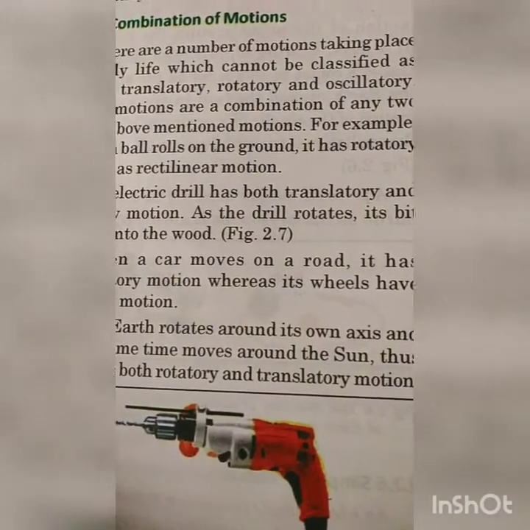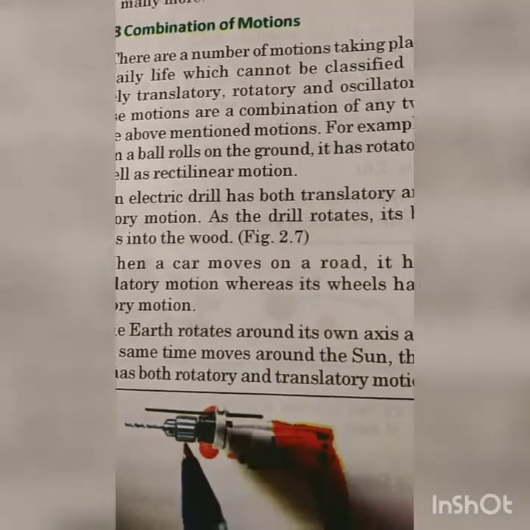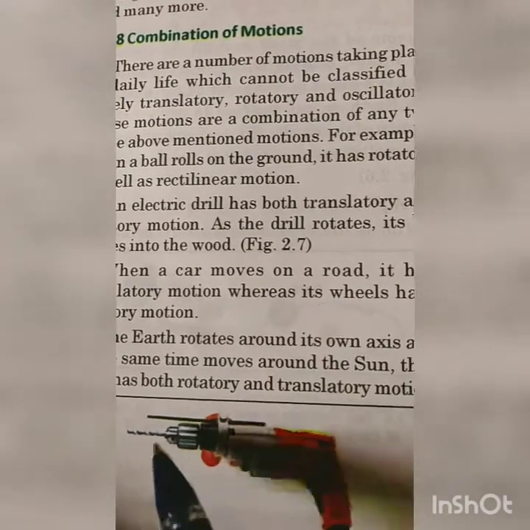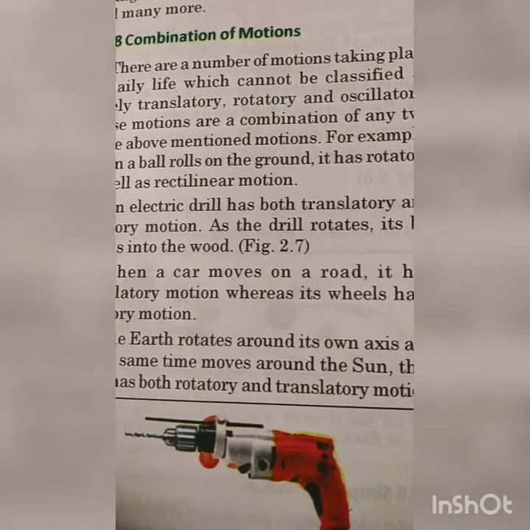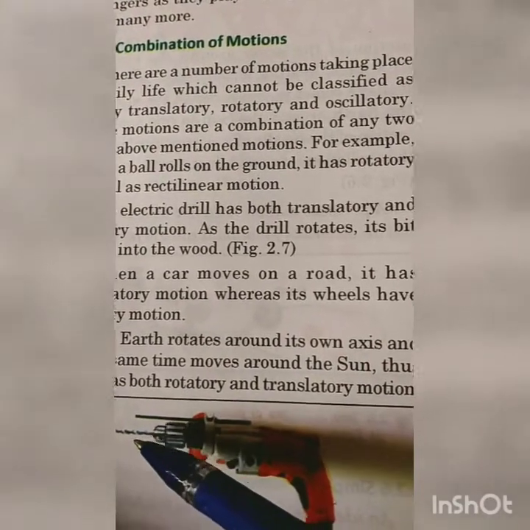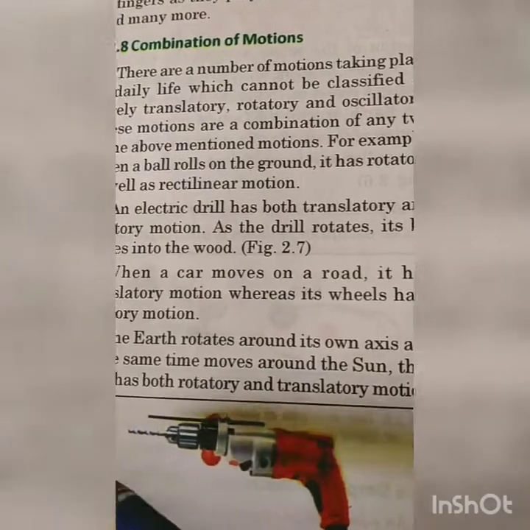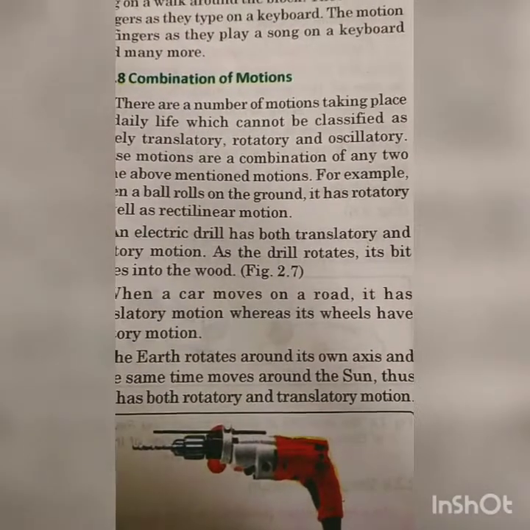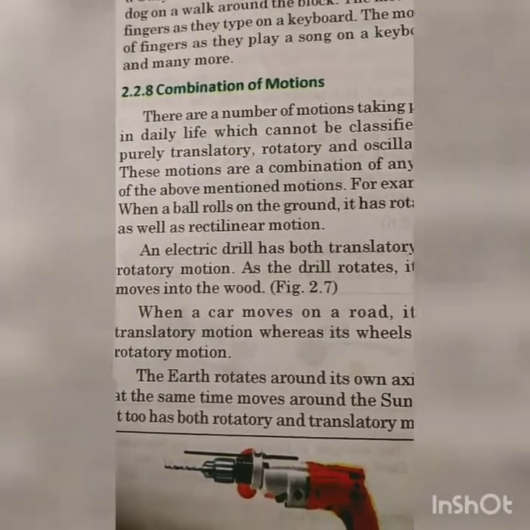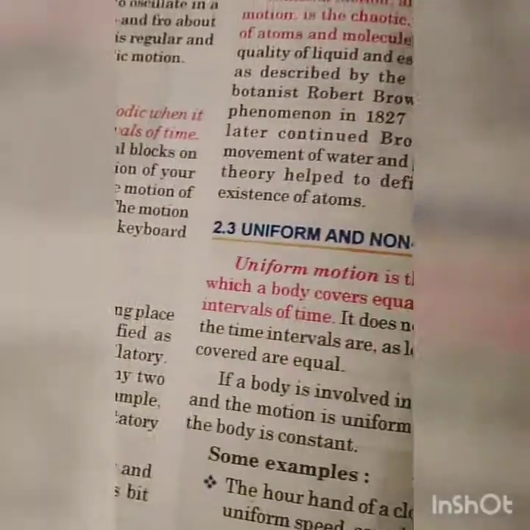So the drill bit, this is called a drill bit, rotates very fast, and when we push it, it goes inside. So there is this motion also, translatory also. Okay, so two types are there. You can find many other examples, so many examples are there.